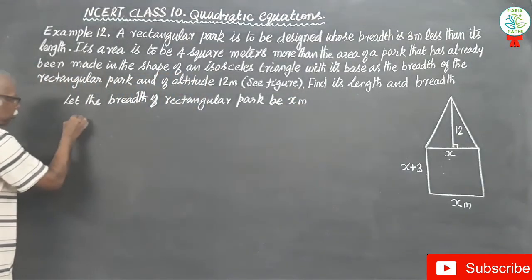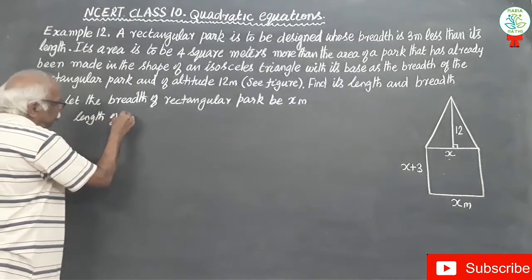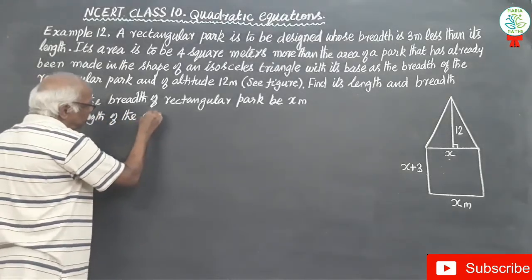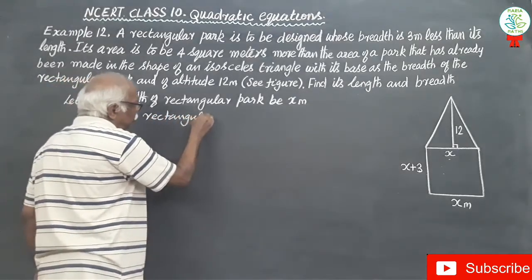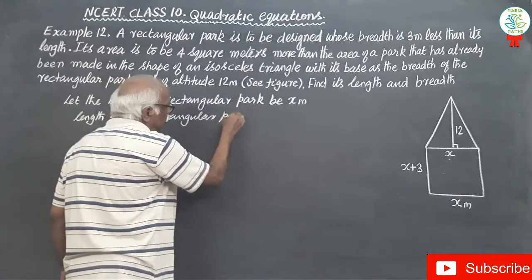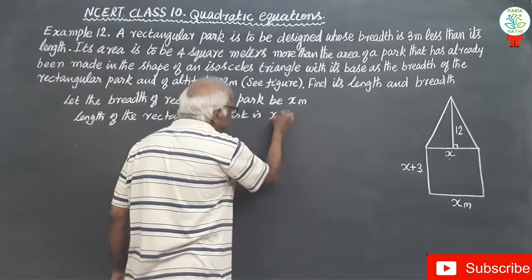Length of the rectangular path is x plus 3 meter.